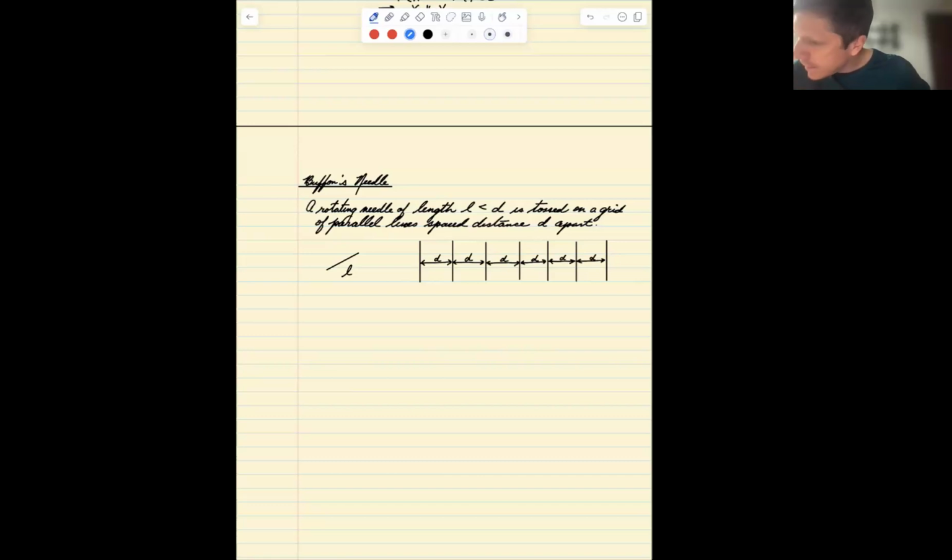The question is, does it land intersecting one of the grid lines?